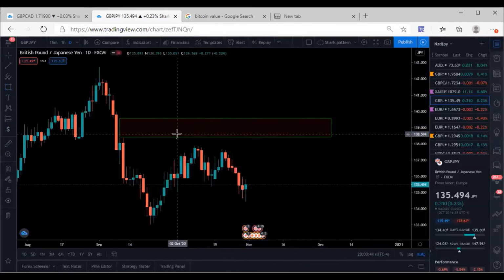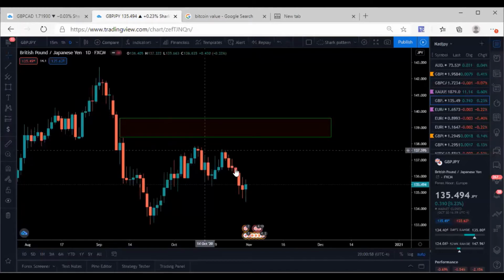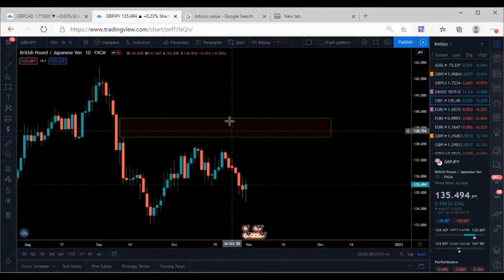Okay, so this gap right here means that this candle dropped so fast that it kind of skipped a spot in the market and left the gap. So the price would have to come up and fill into this area in order to get the money that was trapped in that area.